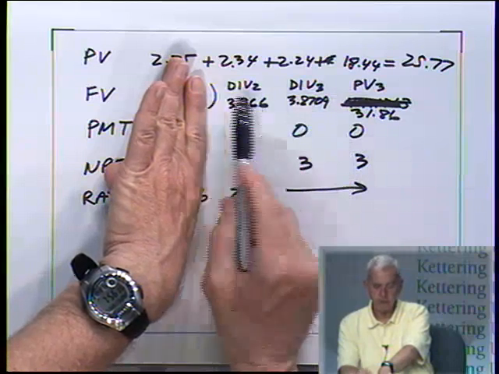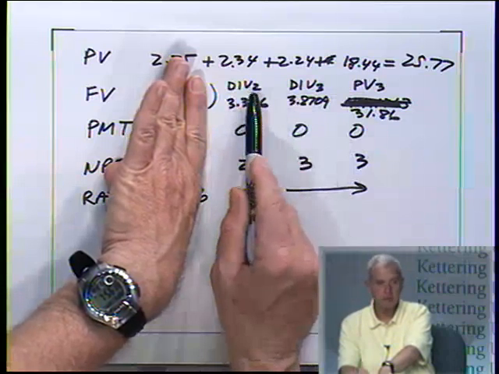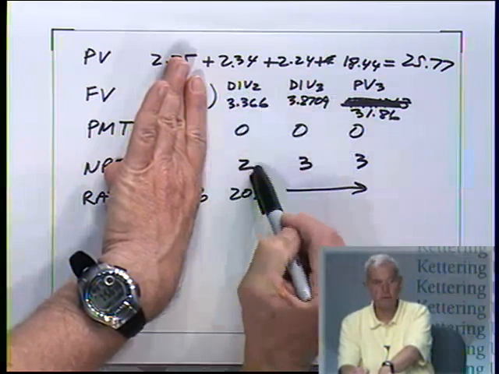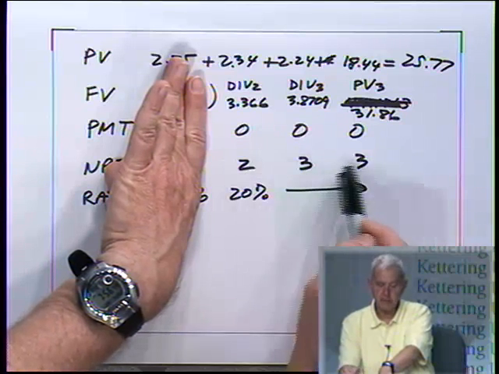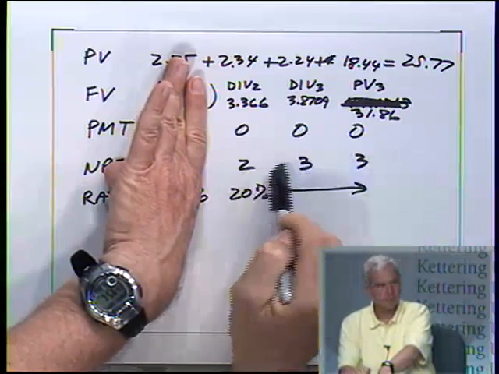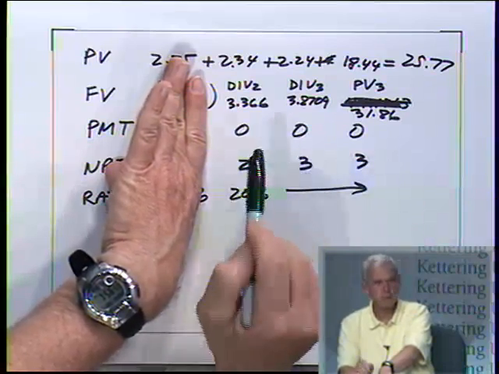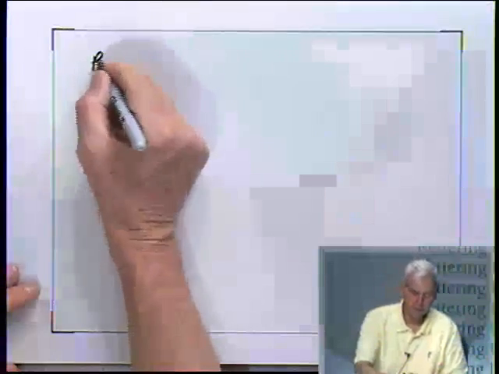But 1 year from today, this would be time one. This dividend 2 years from today is now only one time period away. It's closer. So these time periods have now shrunk. So to answer the question, what is the stock worth 1 year from today, the way we do that is we write down 5 variables.